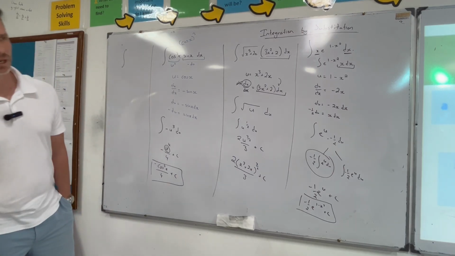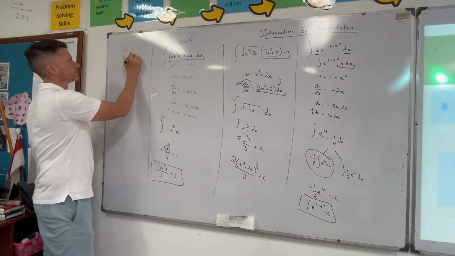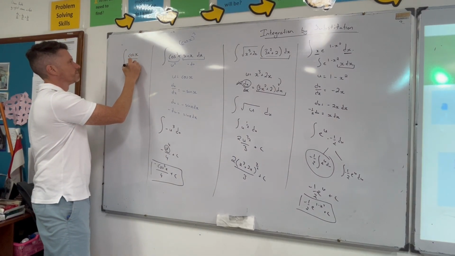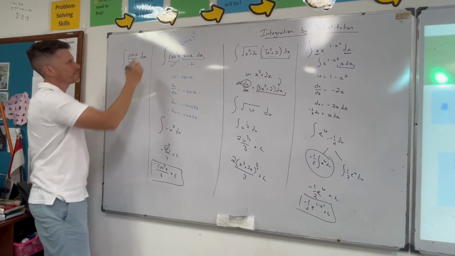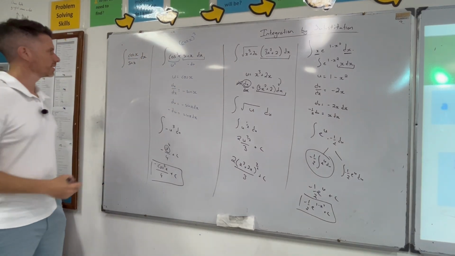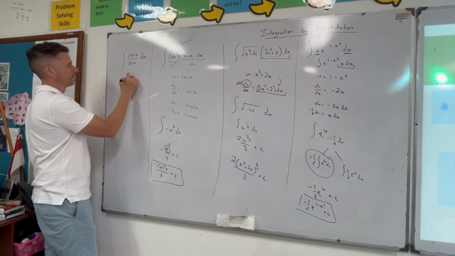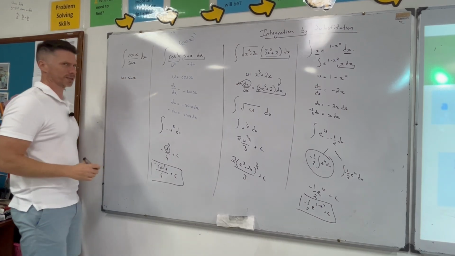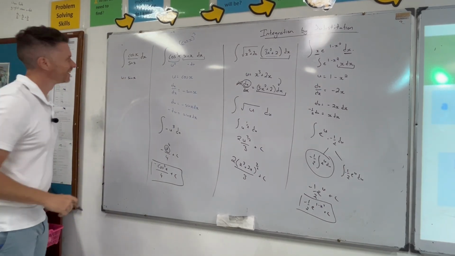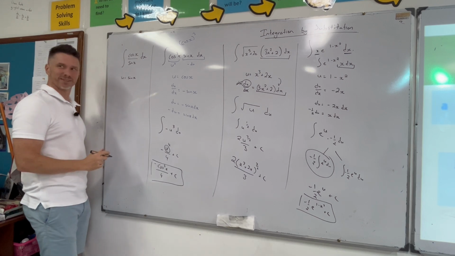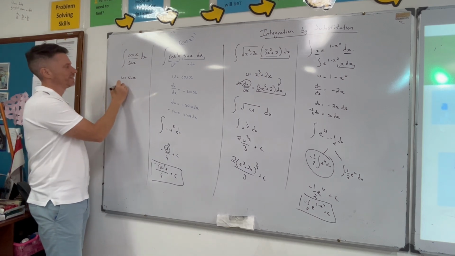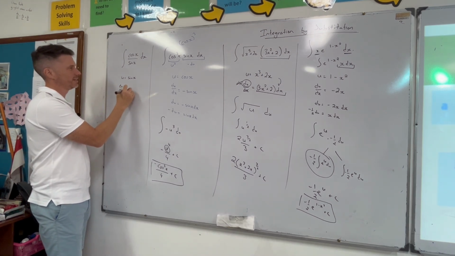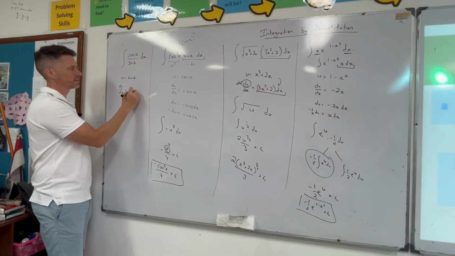What are we doing? Cosine x over sine x. It's a 50-50 shot. I think sin x. You think? Let's do it. Watch it. Okay, du dx is cosine x.